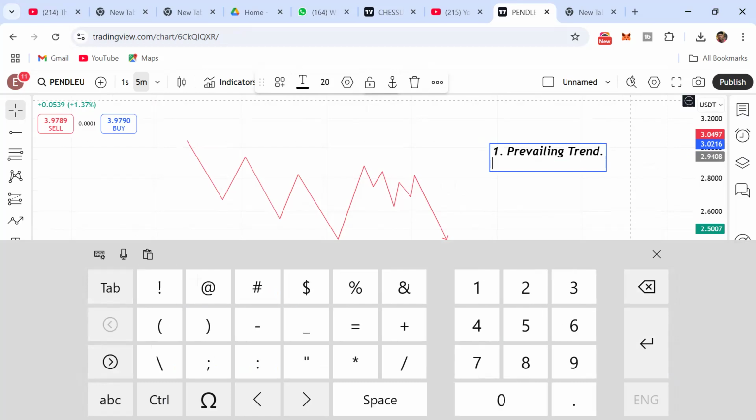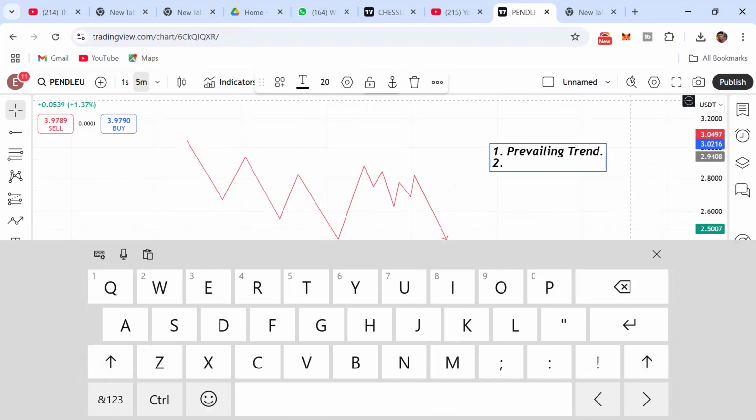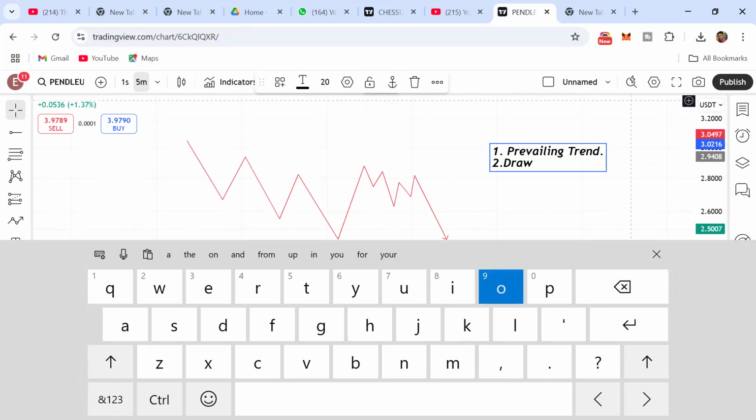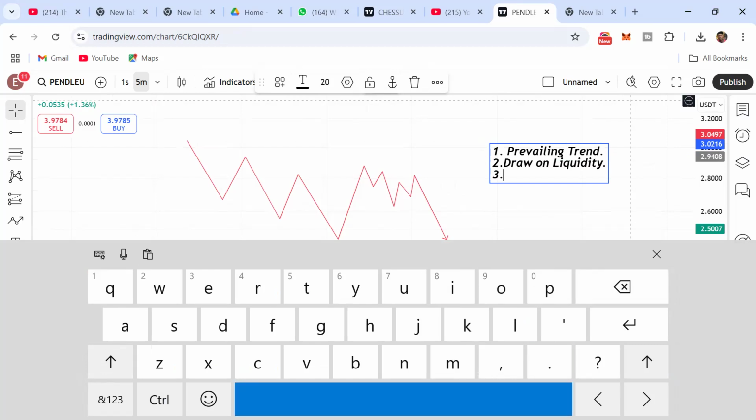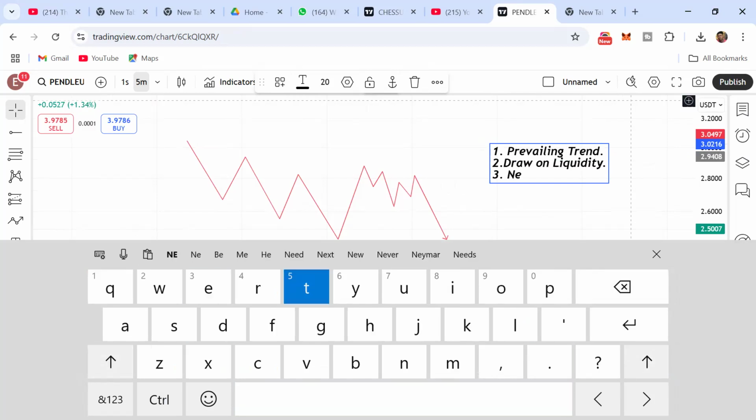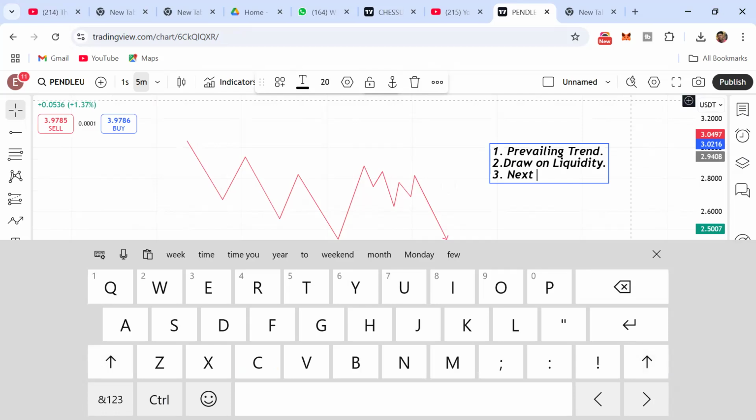Number two is your draw on liquidity. Number three, which is the most important one, is the next target.